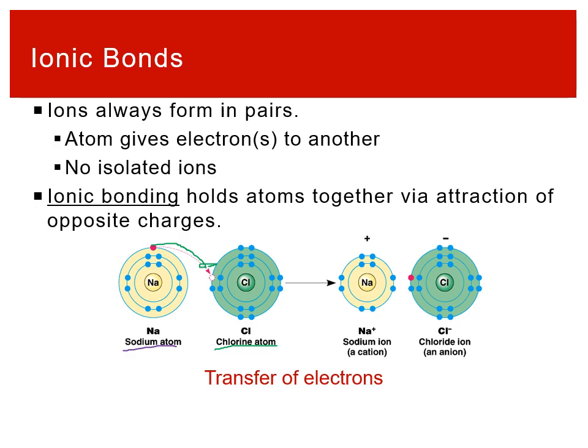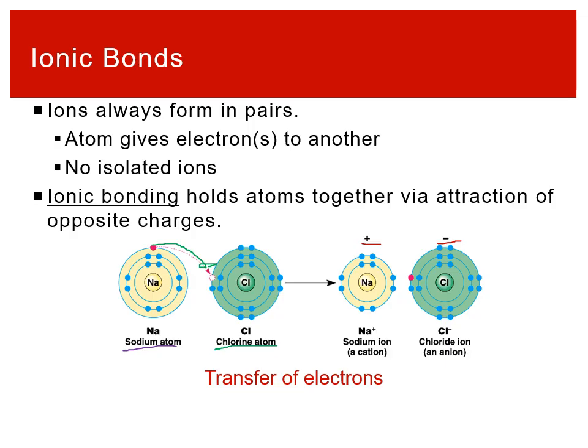And so what holds the atoms together in ionic bonding is the attraction of the opposite charges of the ions. The cation is now positively charged and the anion is negatively charged. Opposite charges are attracted to each other, and so that's what holds the ions together. So the electron is fully transferred.